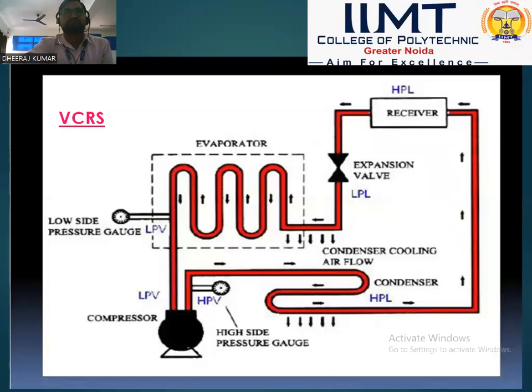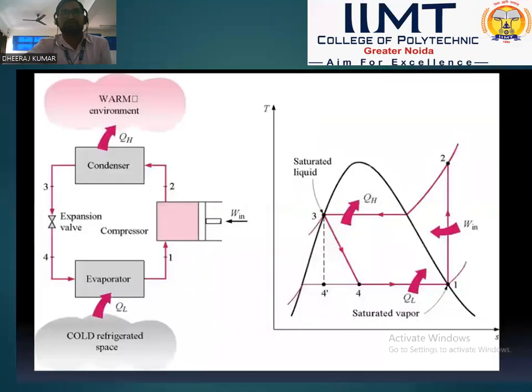The TS diagram is shown in the figure. The condenser is placed at the higher pressure side and the evaporator at the lower pressure side. This curve represents the saturated vapor line and this curve represents the saturated liquid line.